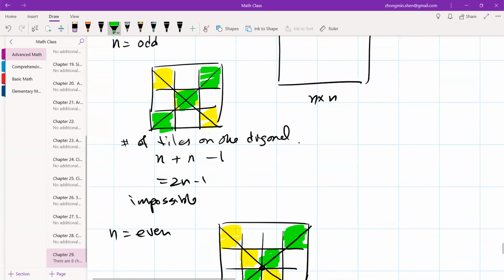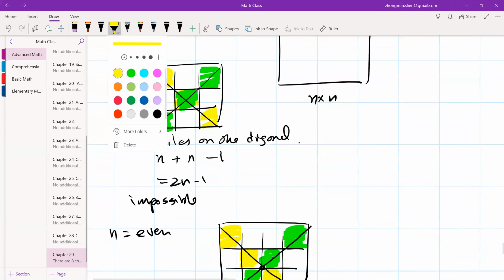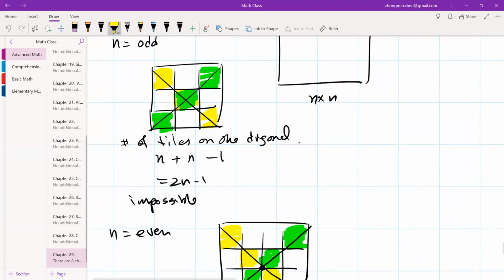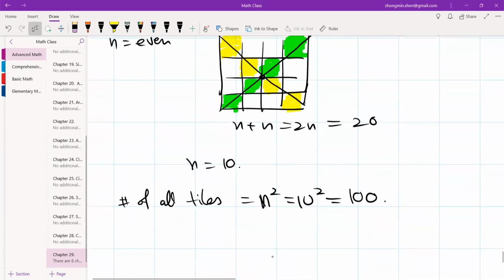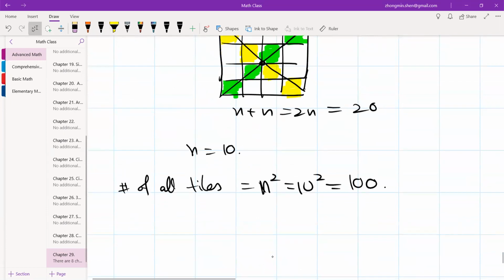It's overlap yellow, and they're different colors. That's the reason I have to subtract, n plus n, right? The number of tiles on the diagonal. So one is even, the other one is odd. This even number is possible, and 2n is going to be 20, then n is going to be 10.